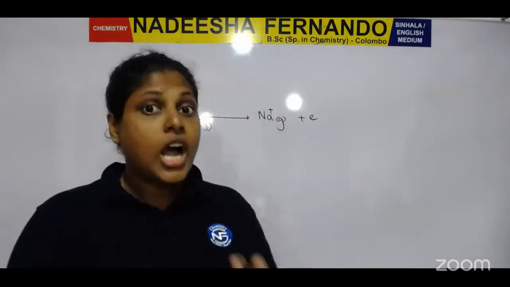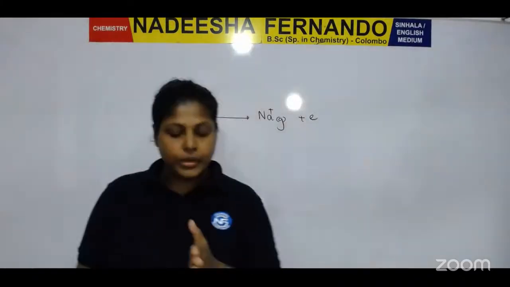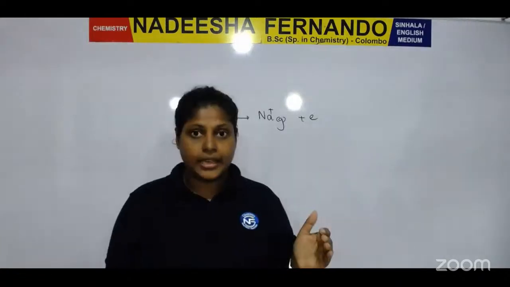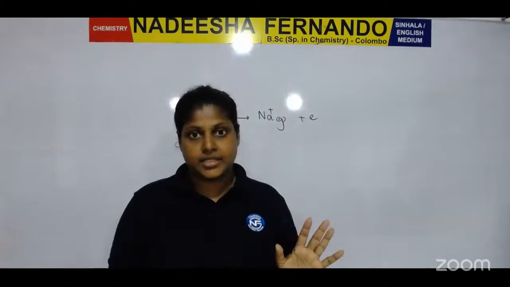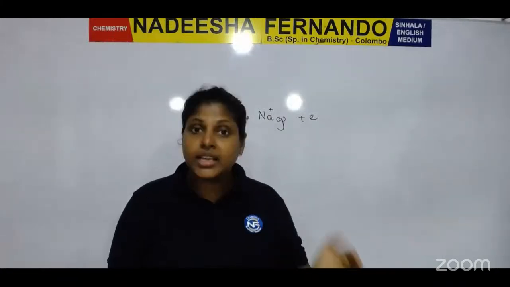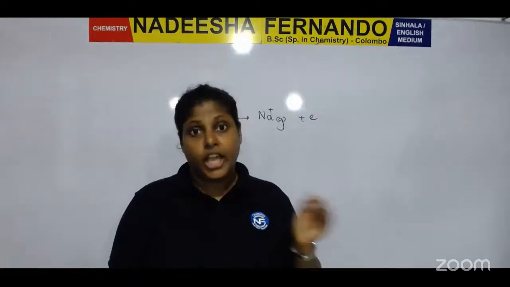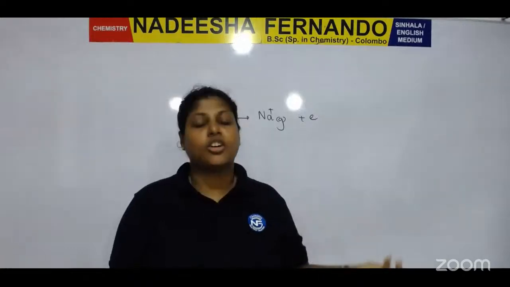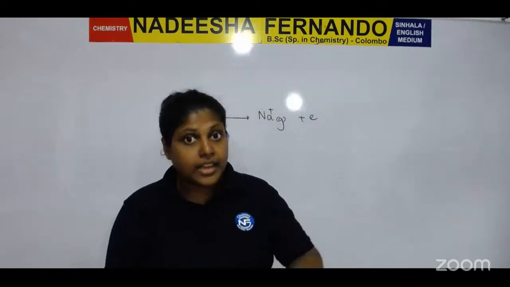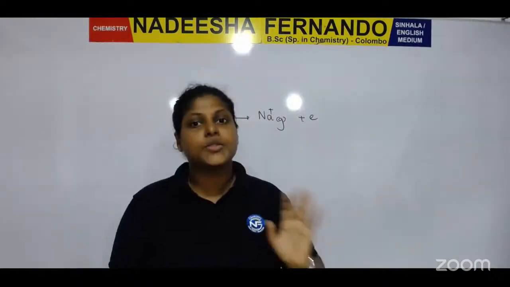How do we define that? When we take the reactants and the products, you can see there are electrons on the product side. Simply, removing electrons is called oxidation. The other way, an increase in positivity of the oxidation number is also oxidation.